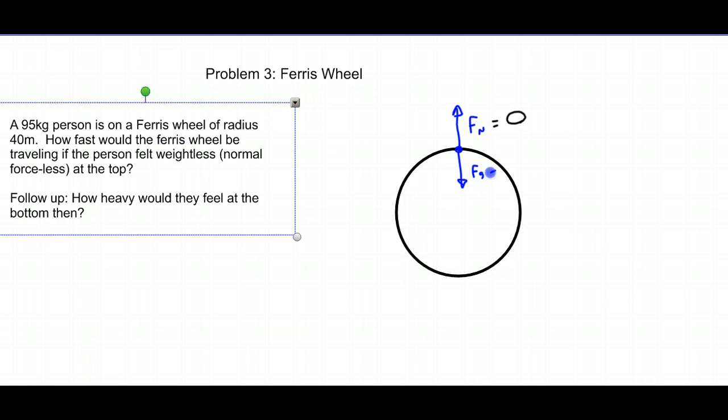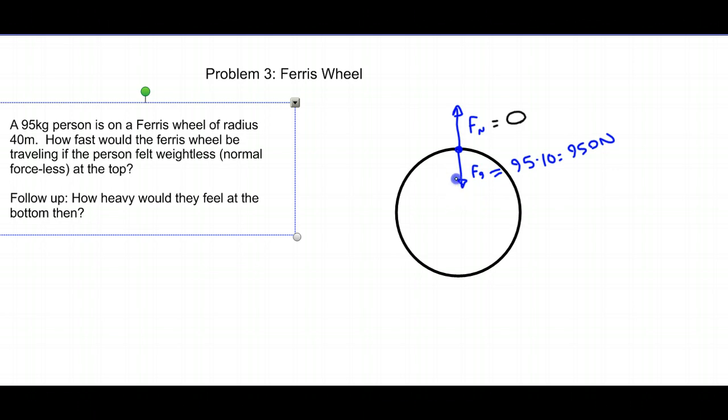Now this gravitational force down here is 95 kilograms times 9.8, or times 10, which is going to give us 950 newtons going down. So what we're saying is that we want this normal force to be 0 and the gravitational force to be pulling us down with 950, and for that to be the only force that's pulling us.